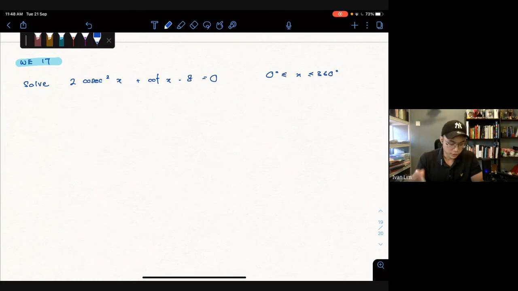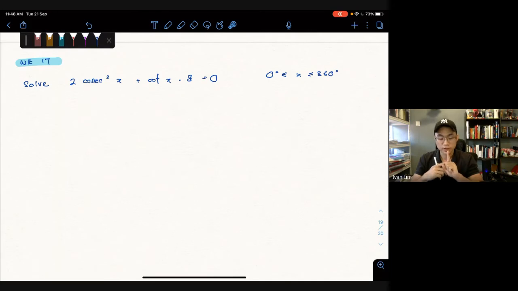Now I want you to observe the equation. There's 2 cosecant square x, then there's cot, and then there's this 8. Normally when you solve trigo problems, you want to make the entire equation one trigo only. You want to try your best to make it one trigo. Otherwise, you have to factorize it.